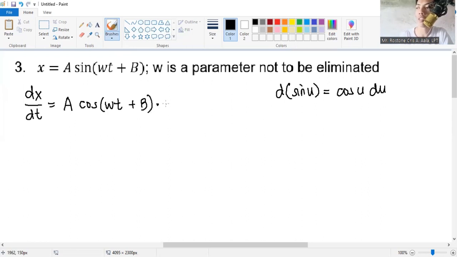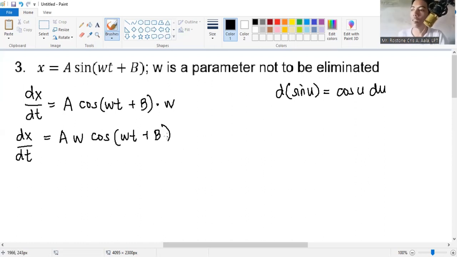So this is just multiplied by w. The derivative of b is 0 because b is a constant. So we will arrange. So dx over dt is equal to aw multiplied by the cosine of wt plus b.